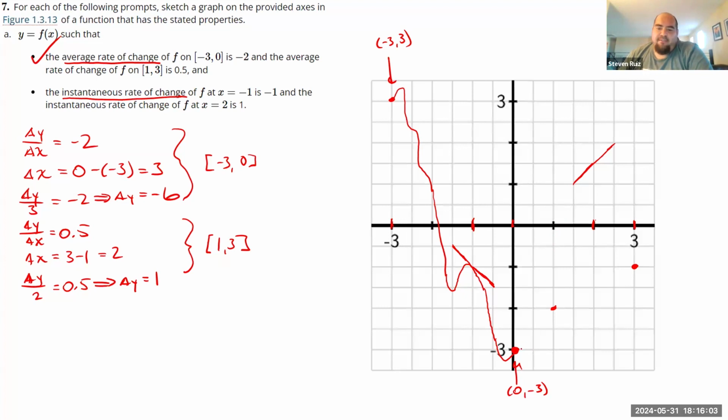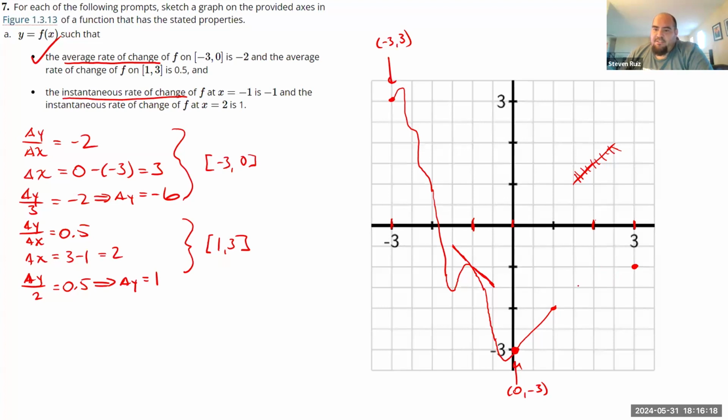So from there, I can continue my graph to the right. Maybe going to the right, I'll do things a little more straightforward. In fact, I am going to get rid of this tangent thing right here.